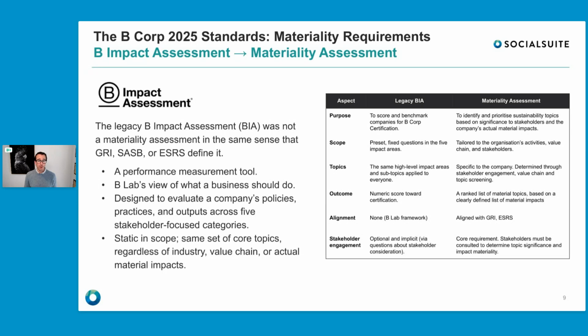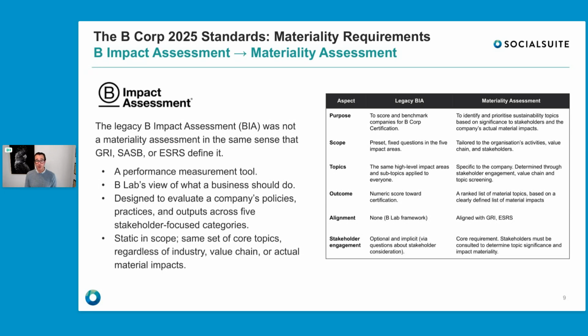So in terms of purpose, like I said, the legacy BIA was really about scoring and benchmarking companies. You probably remember what B Corp was really known for is the score. What is your B Corp score? Now, that is something we're not going to have moving forward. In a materiality assessment, really the purpose is to identify and prioritize sustainability topics based on the significance to stakeholders and your company's actual material impacts, or if you do a double materiality assessment, risks and opportunities.